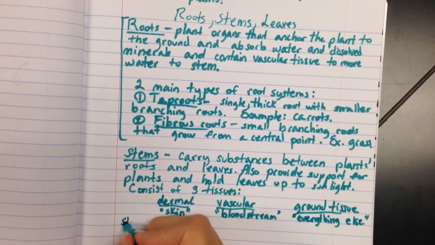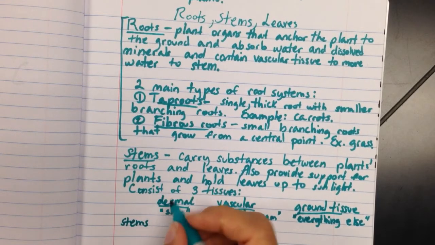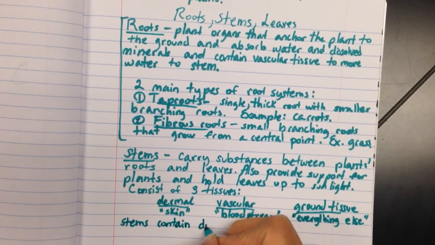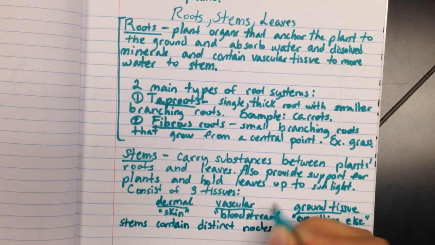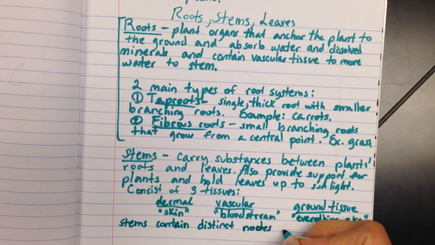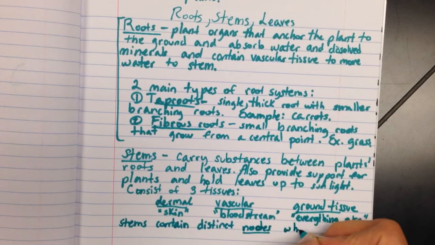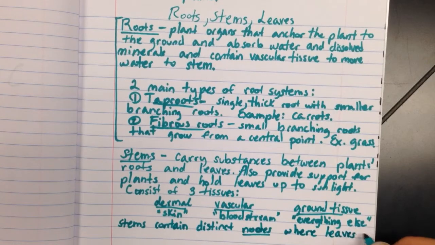Stems contain distinct nodes, which are these little bumps, where leaves are attached.